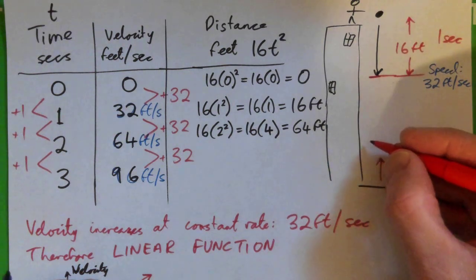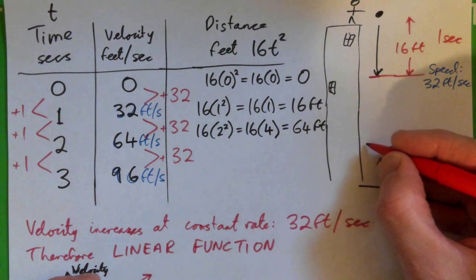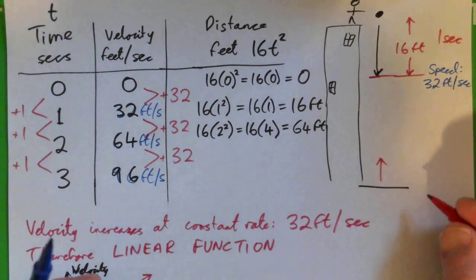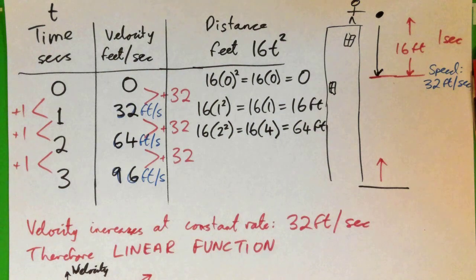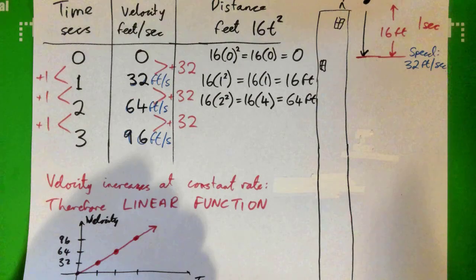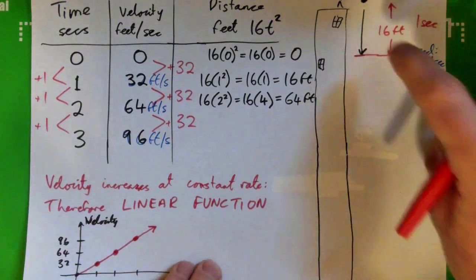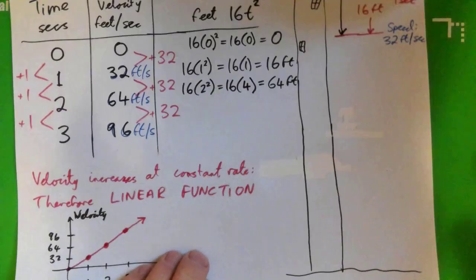So it's kind of like, let's see, 64. Yeah, gosh. I'm going to have to adjust my picture here. So what's happening? Like this is the building, right? So it went 64 feet.